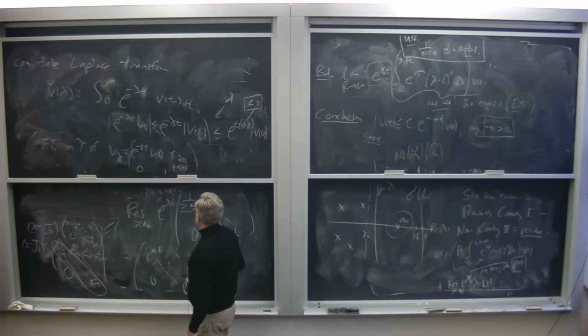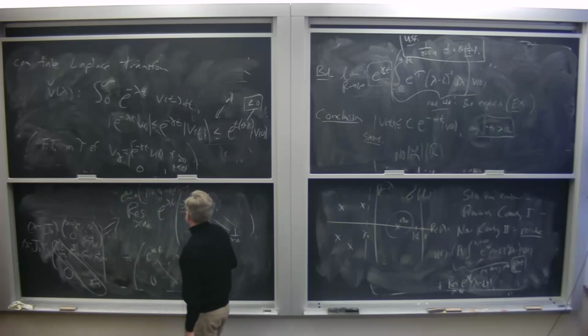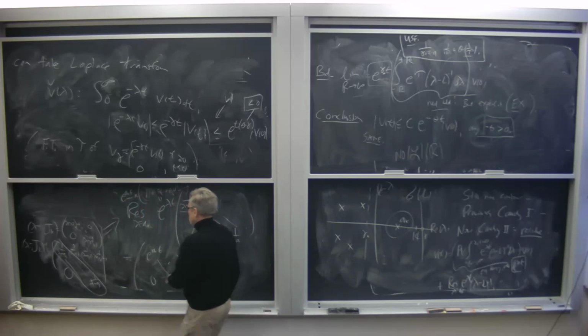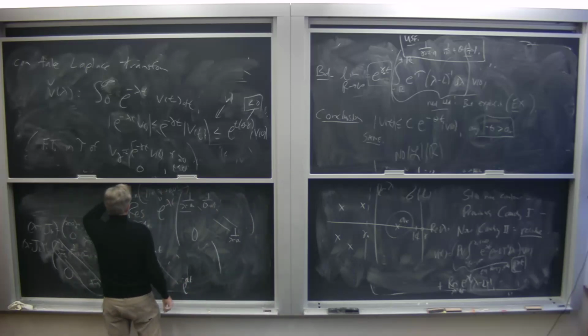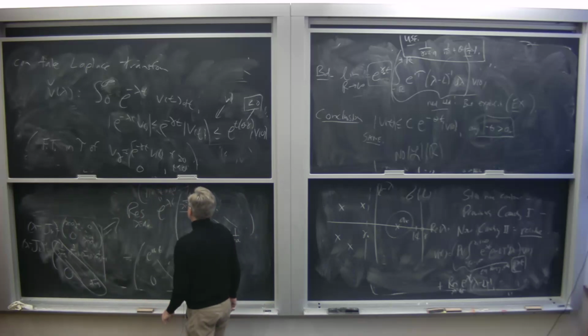Let's see. E to the a star t times e to the lambda t. What have we done here? No, this is what I want. I had it right the first time. Yeah, that is correct.